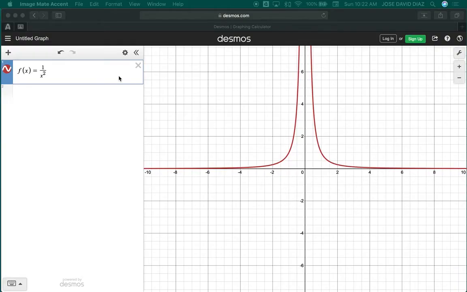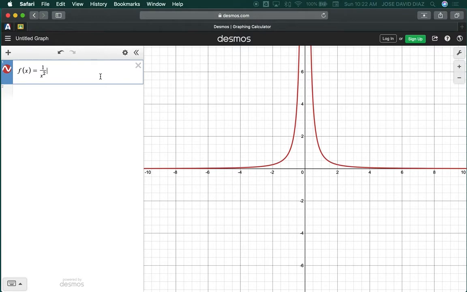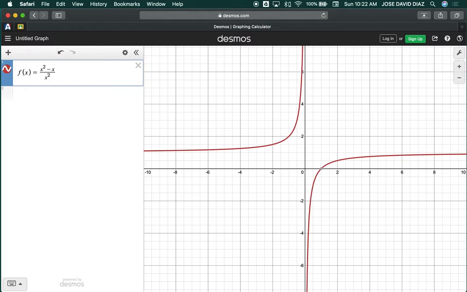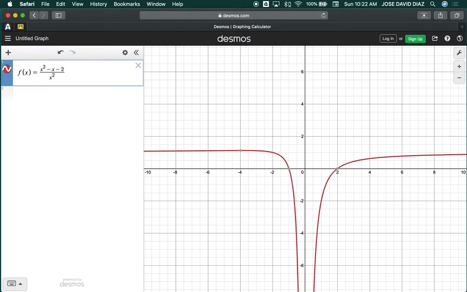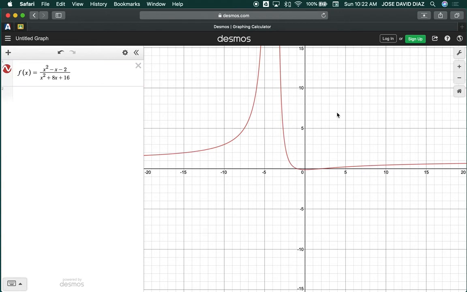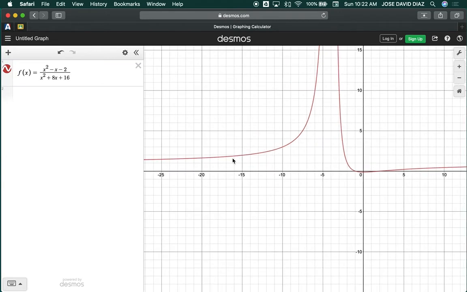Then for the second one, we have -2. And notice in this case, if I zoom out, your horizontal asymptote is at 1, 1 over 1.